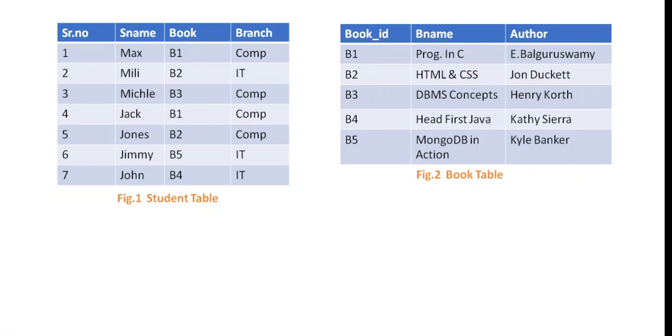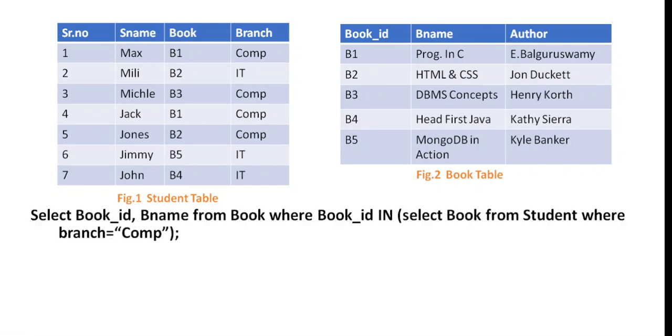Here I have two tables, student and book table. The student table consists of information of students and the book issued by each student. The book table consists of information of all the books. Here I want to display information of books that are issued by computer department students.